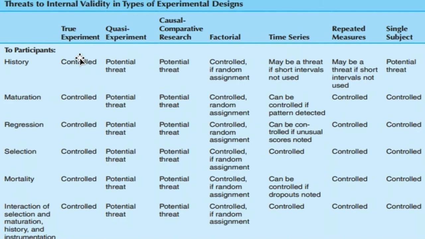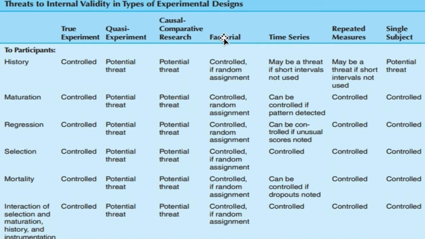And when we look at how a true experiment controls all these things by its random assignment and its control group, we get rid of a whole bunch of possible threats. In quasi-experimental, because I don't have random assignment, it all becomes a potential threat. In causal-comparative, I have even less control, potential threats.